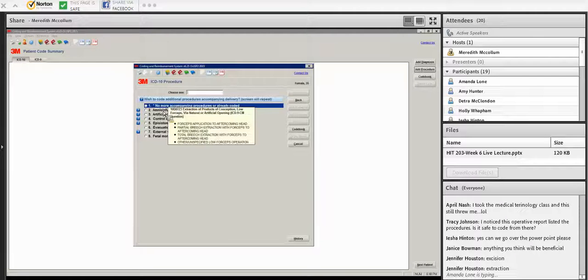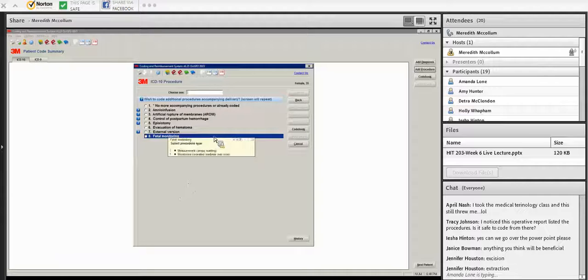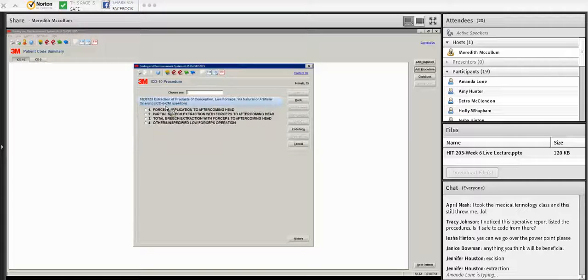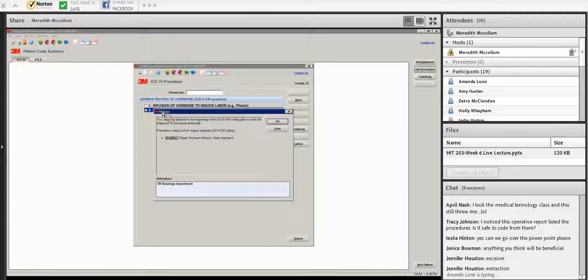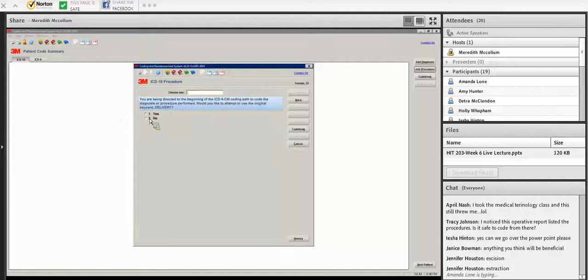And they did sterilization, but I don't see it on the screen. Let's see. I thought I was in 99. Hold on. Extractions.